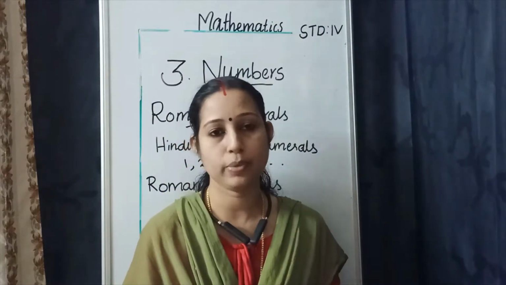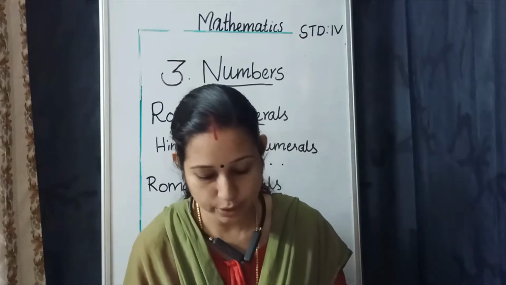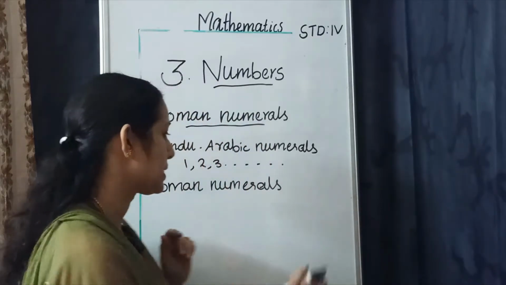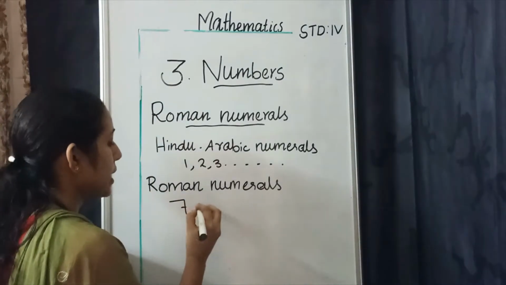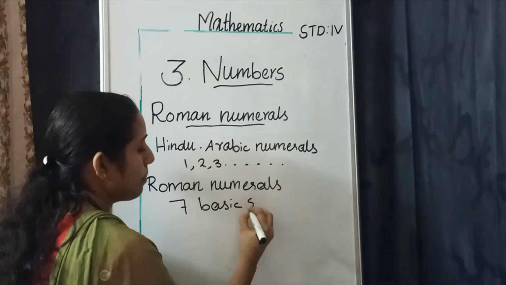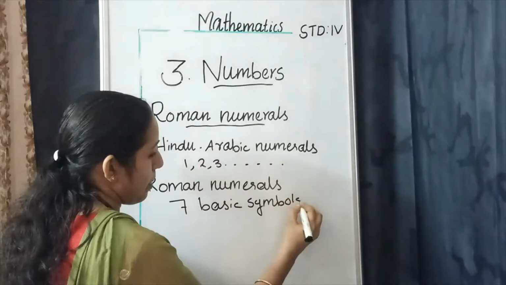What are Roman numerals? The Romans used 7 basic symbols to write the numbers.